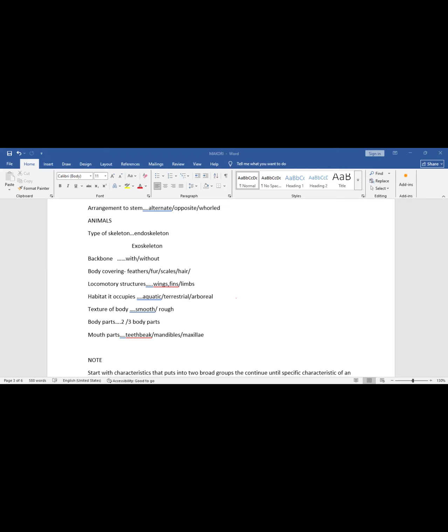You can use the number of body parts. Some have got 2, some have got 3 body parts, especially for those organisms under the arthropoda. So you can use the body parts in the construction of the dichotomous key. Then we have got the mouth parts. What do they normally use for feeding?